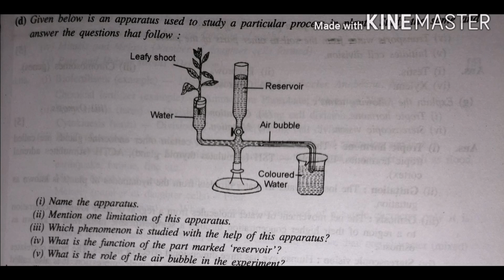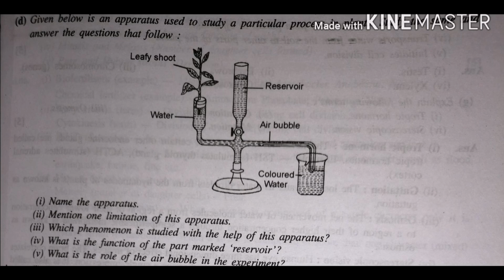The phenomenon being studied here is measurement of rate of transpiration. Question number 4, what is the function of the marked reservoir? The answer is, the air bubble can be brought back to the original position by releasing water from it.